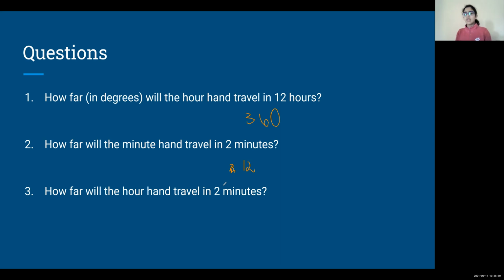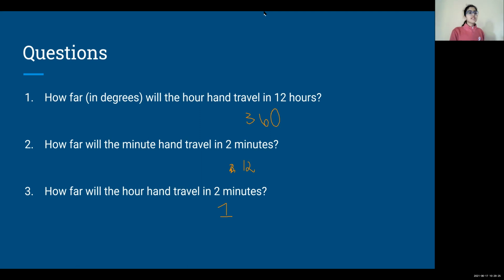Then how far will the hour hand travel in 2 minutes? This would be 1/30 of an hour, and an hour, remember, is 30 degrees. So it would travel 1 degree in 2 minutes. If you have any questions about these, remember, ask. Know how a clock works.